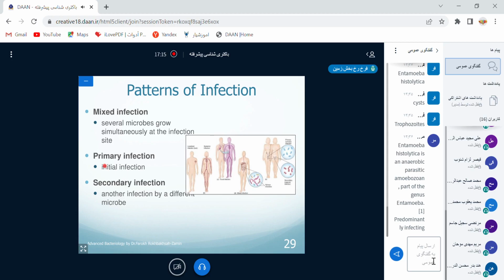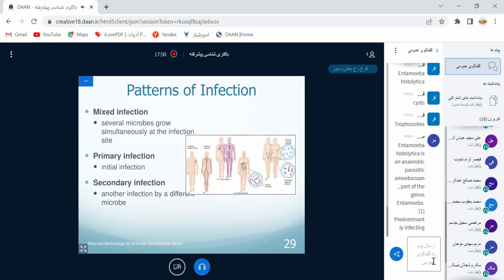So primary infection is by Entamoeba histolytica, and now not protozoa, but many bacteria, another infection by different microbes, is started. Entamoeba histolytica is an anaerobic parasitic amoebozoan, part of the genus Entamoeba.